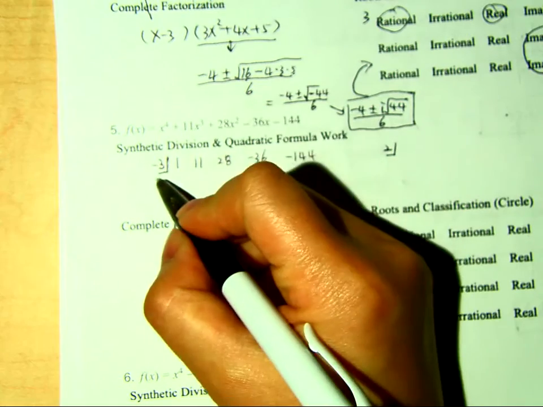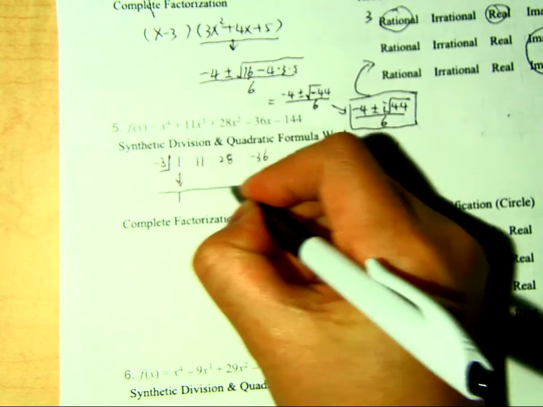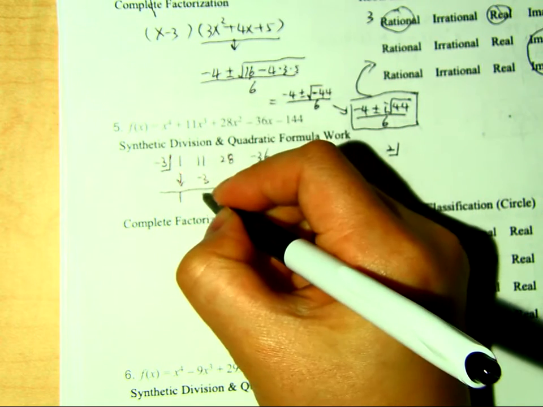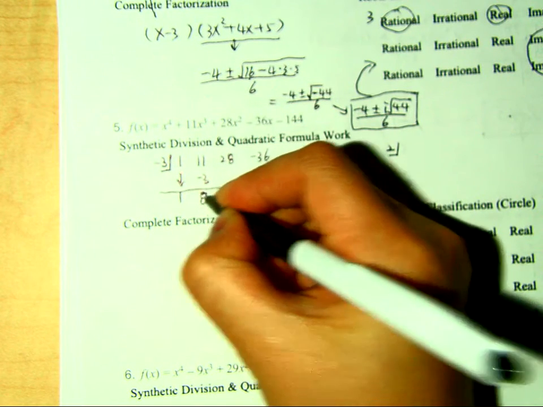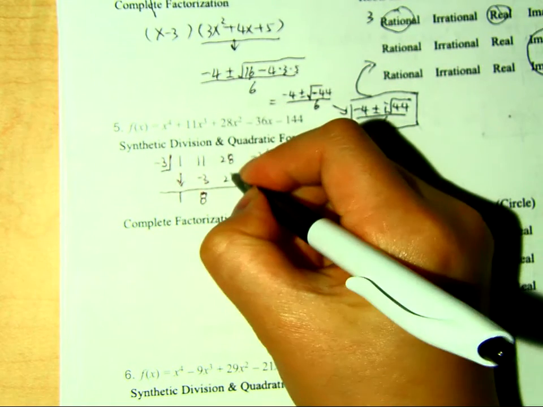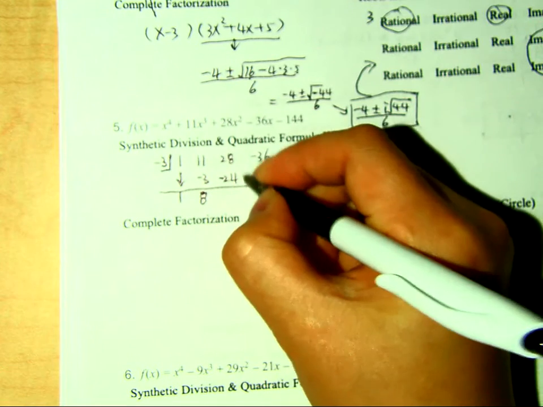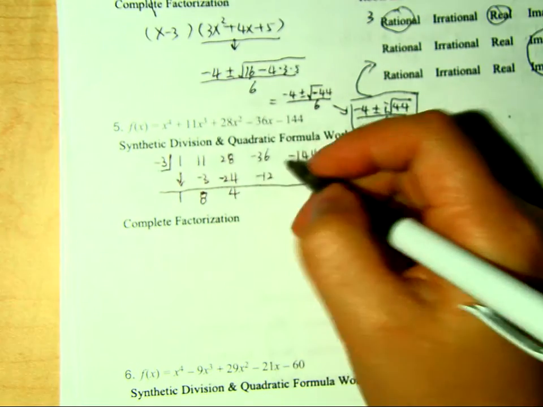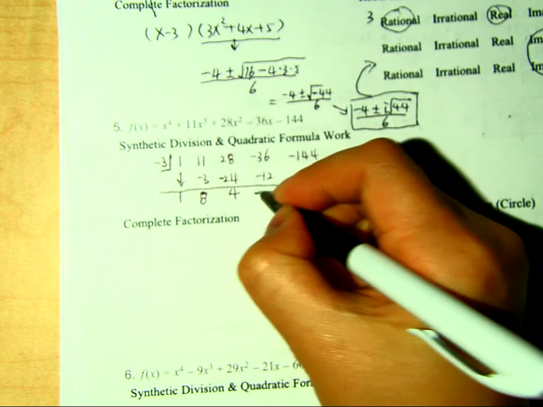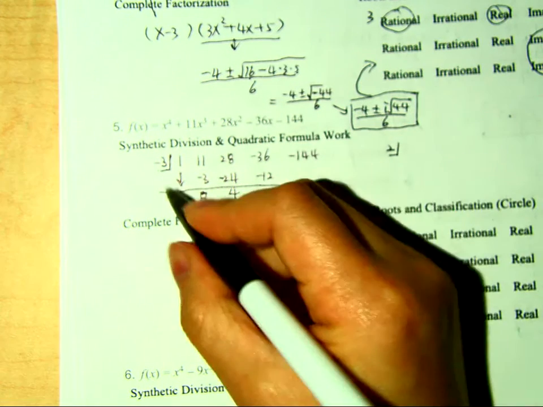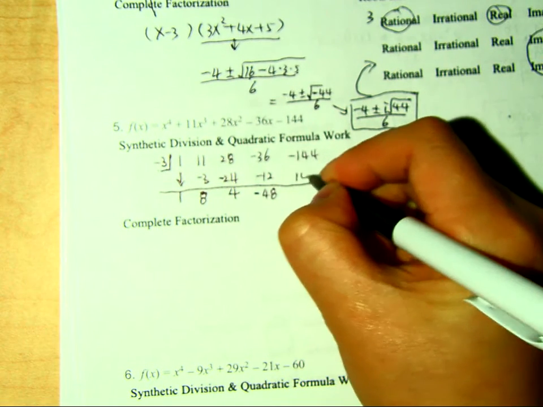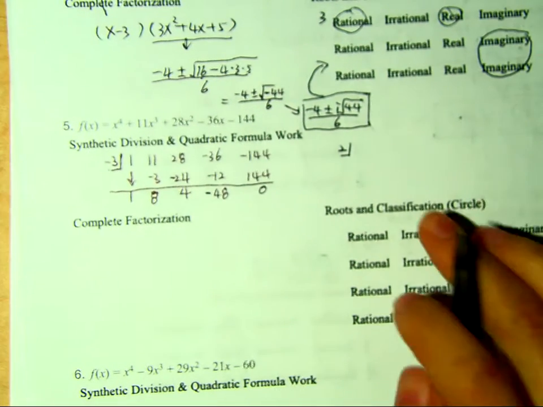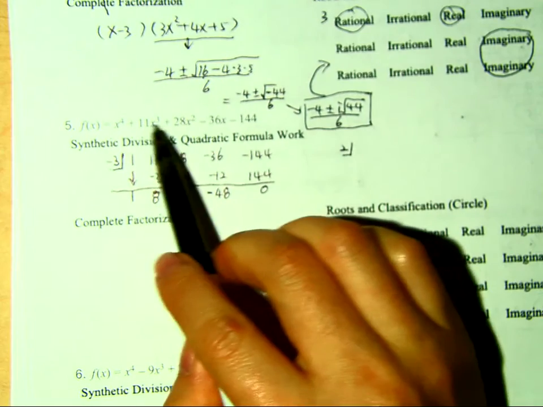So if I'm using negative 3: multiply, add, multiply, add, multiply, add, and multiply, and 0.